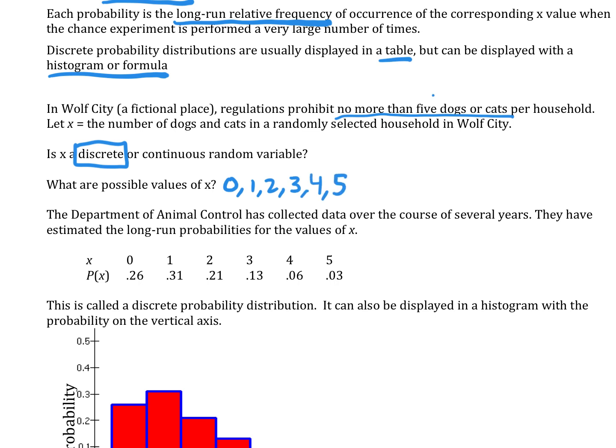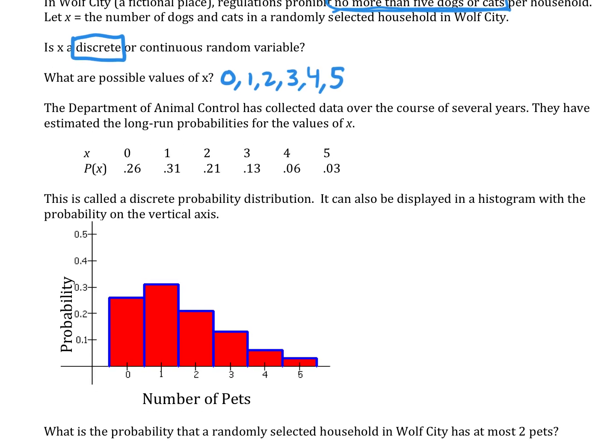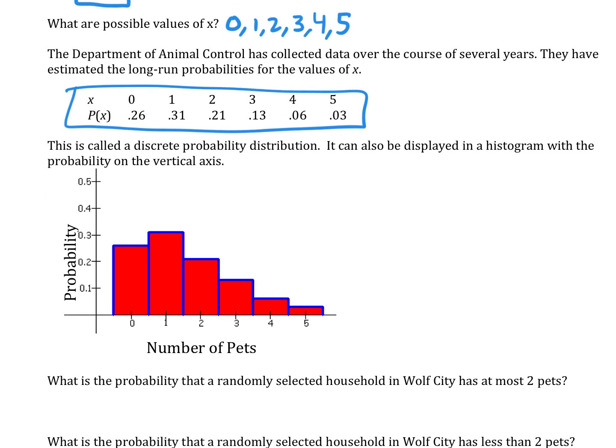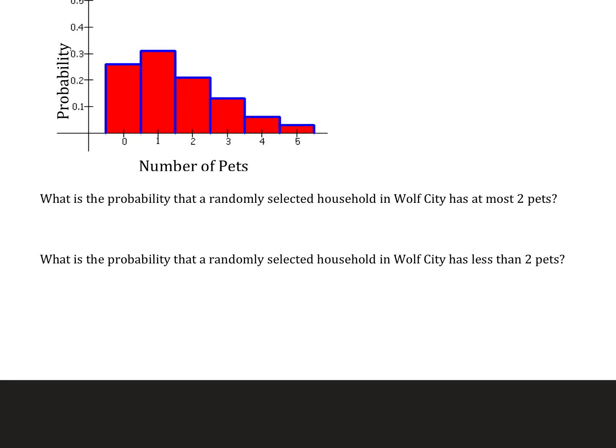We stop at 5 because that's the limit for this city. Right, and now we have 2 examples of probability distributions. There's a table showing every single value of X and the probability associated with it. And then those values are shown below in a histogram. All right, so we have 3 questions to answer below.